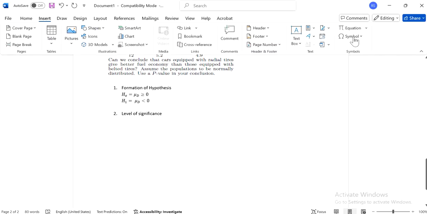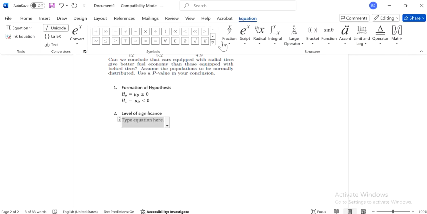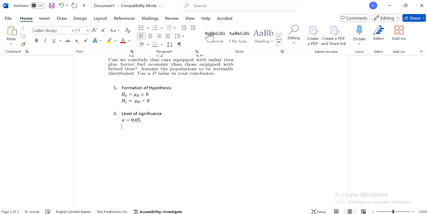Alpha is 5%. Alpha is equal to 0.05. So step number 3, test statistic.